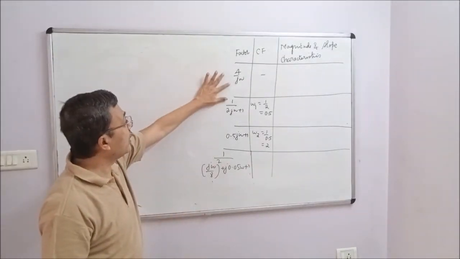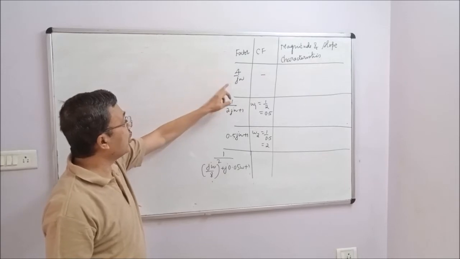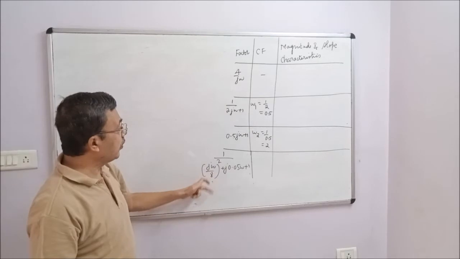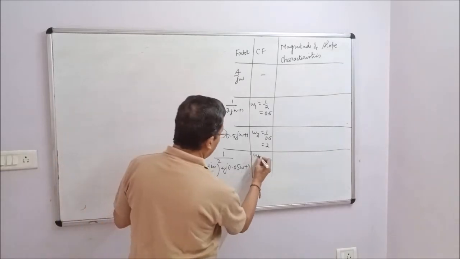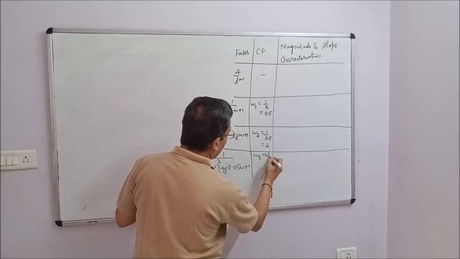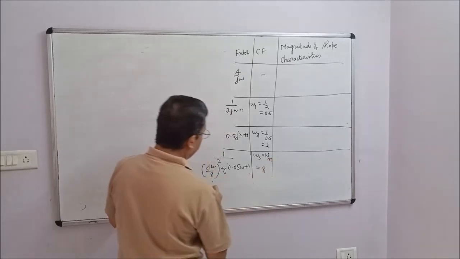4 by j omega has no corner frequency because it is not of the form 1 plus something. All other factors have got corner frequencies. Here, what is omega 3? Omega 3 is nothing but omega n equal to 8.